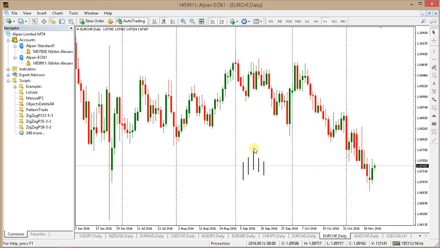This means that it is a high that is higher than the two previous highs and two consecutive highs after it. On the left side, we have two highs that are lower than the fractal high, and on the right side, we have two highs that are lower than the fractal high. So this is the fractal formation as explained by Bill Williams.